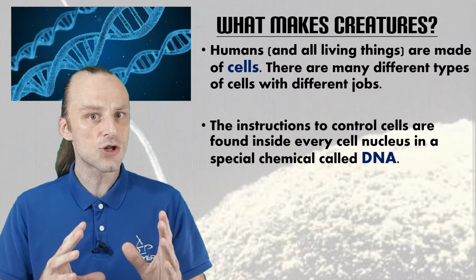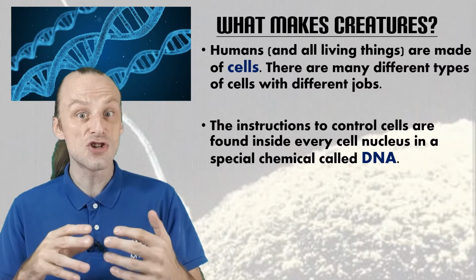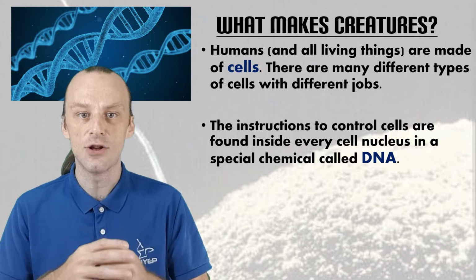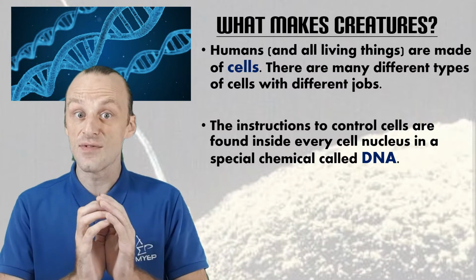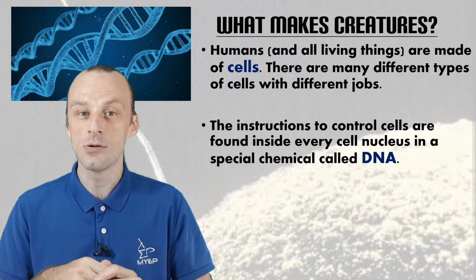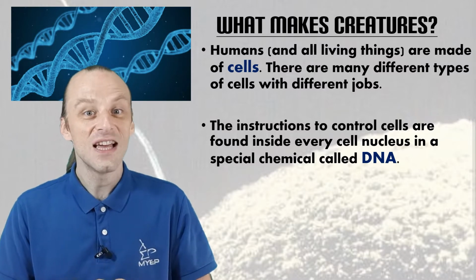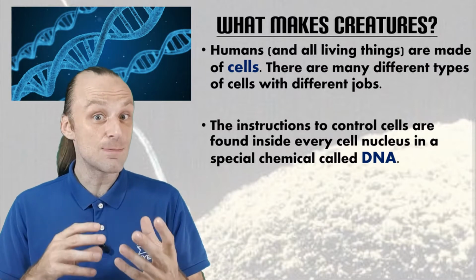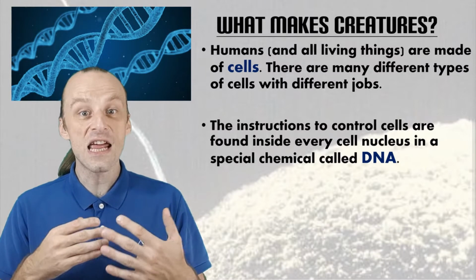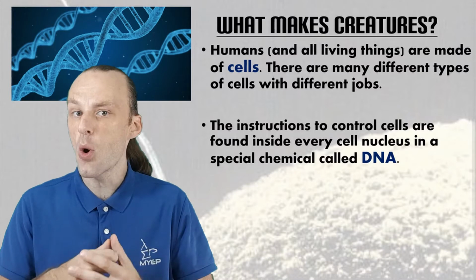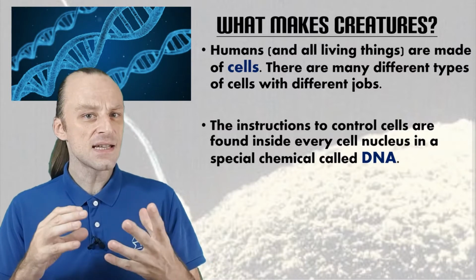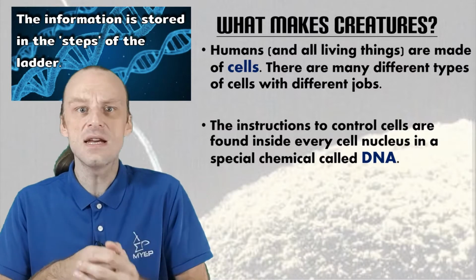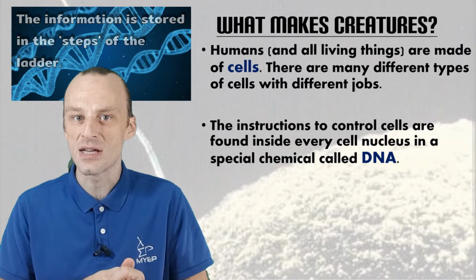But the instructions which control cells are usually found inside the cell nucleus, the center of the cell, in a special chemical which you might have heard of. It's called DNA. DNA is a special chemical because it is able to read and store information, and this is how cells know what they need to do inside the body.